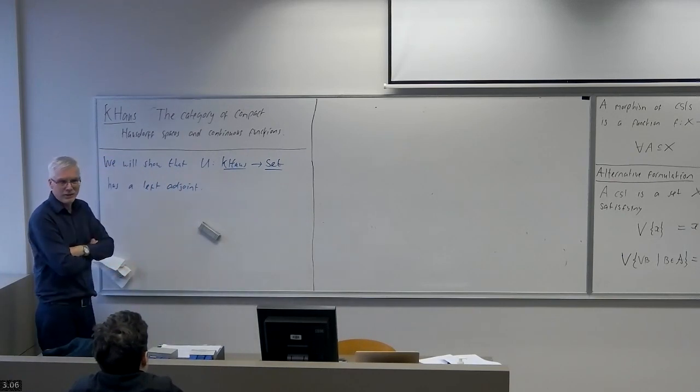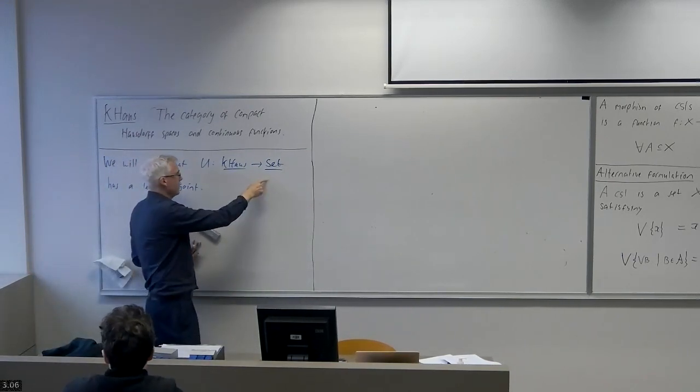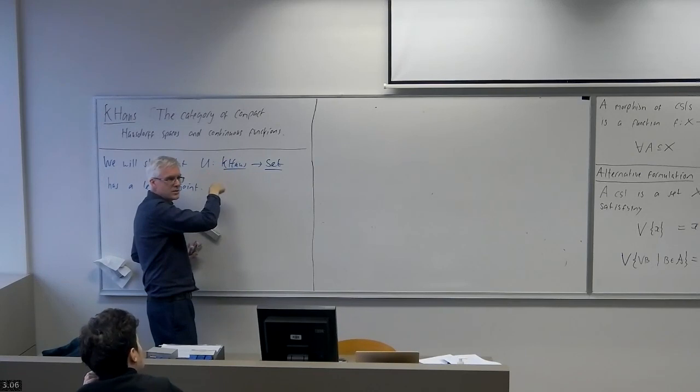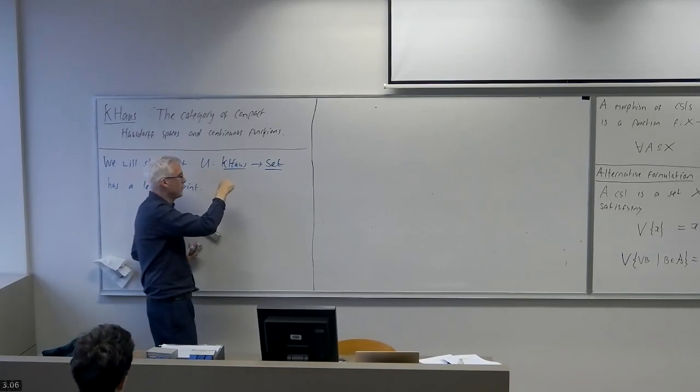So does anyone know, by the way, how to construct this? Just in case you've seen related things, you can find a left adjoint for the forgetful functor from compact Hausdorff spaces to topological spaces. You can turn any topological space into a compact Hausdorff space, and that's called the Stone-Čech compactification.